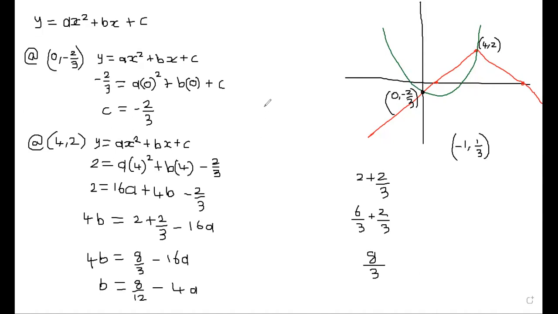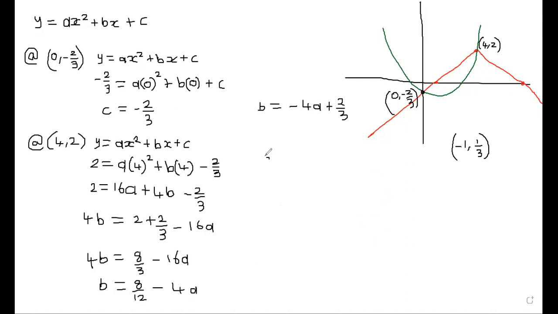So when we continue, we can say b is equal to negative 4a plus 2/3. Okay, now let's continue and use the other point. This is the only point we have not used.